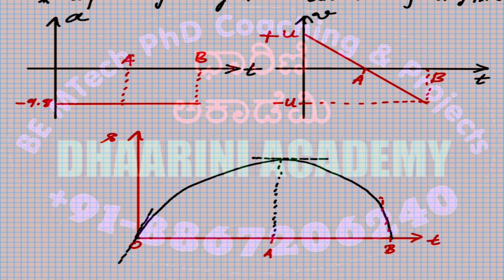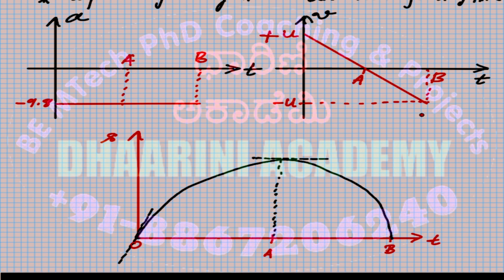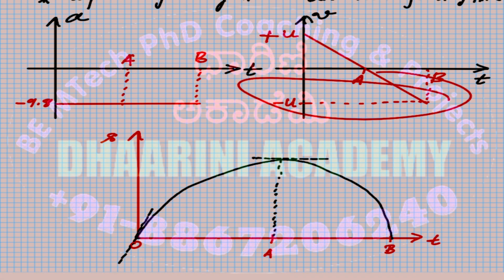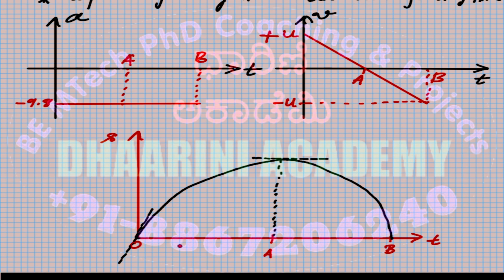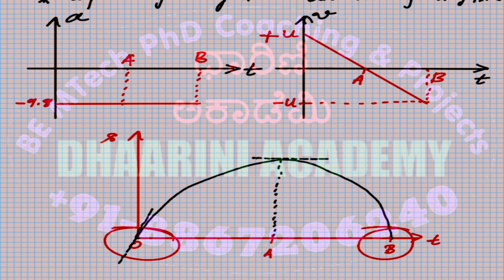So negative of u will be the answer. That actually justifies this value as well. And if you try to measure the displacement, the displacement was 0 initially, and even at B, the total displacement shows as 0.